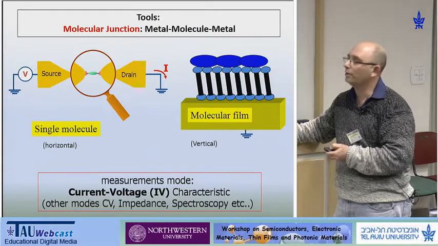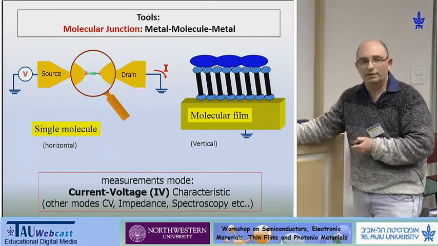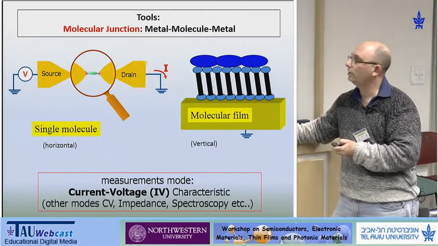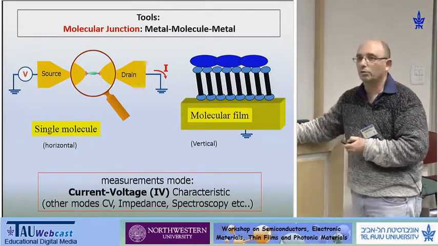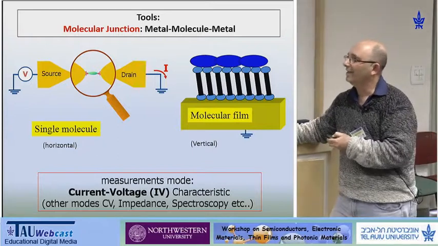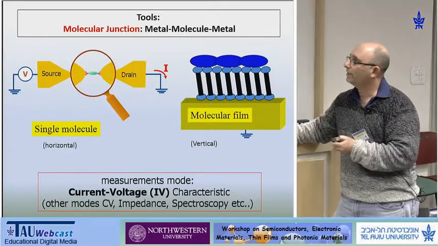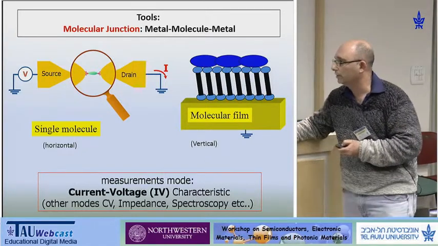This is not what we are doing. We are interested in the self-assembled monolayer, or in the films or vertical architecture in which we have a bottom electrode, a top electrode, and a self-assembled monolayer. This is, of course, an ideal picture. We know that it is not the real picture, but this self-assembled monolayer is a sandwich between these two contacts.